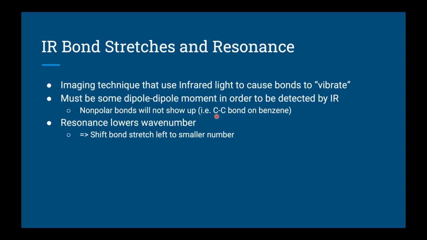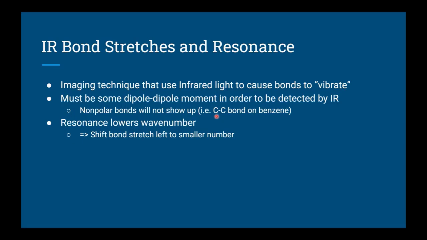So starting with just the basics, IR is a spectroscopy technique that uses infrared light to create vibrations in bonds. This is typically used when we see some dipole moment. You're not going to be seeing a lot of nonpolar bonds, such as carbon-carbon bonds on benzene.